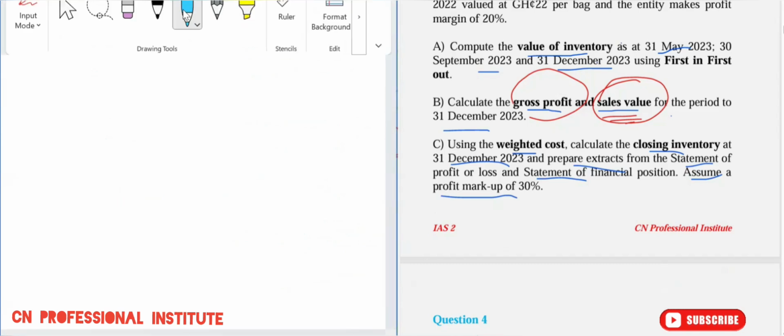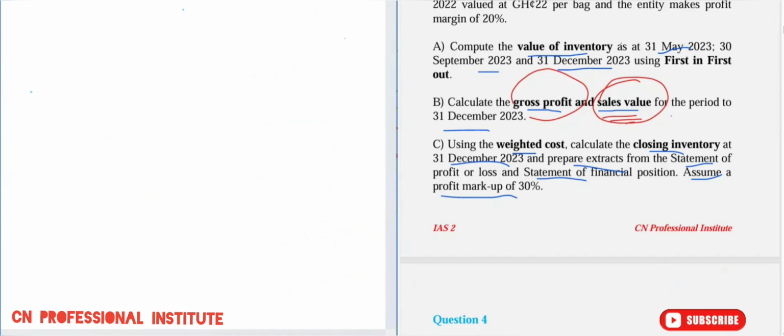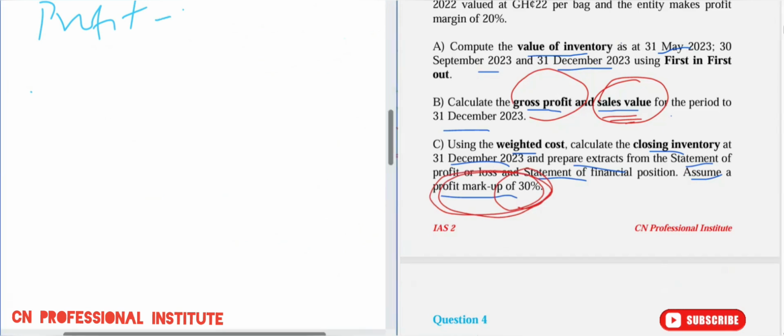If you check the question here, we've been given a 30% markup. And markup is applied on cost, right? So this time we don't have to change the markup to margin. In the previous example, we were given margin and changed it to markup because we are using cost. Here we are using cost and we are given markup. Markup is on cost, so we don't have to change again.